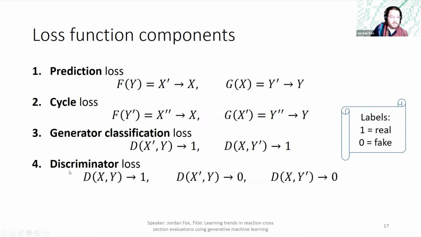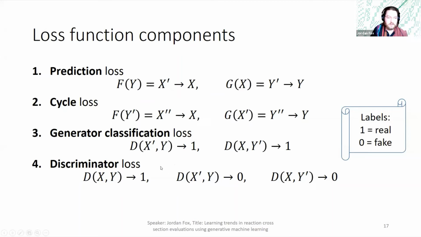And lastly, the discriminator loss is basically all the other terms that represent the discriminator doing its job well. That is, X and Y get the label real, which is 1. And the XY pairs that contain a prediction are assigned 0, which is fake.